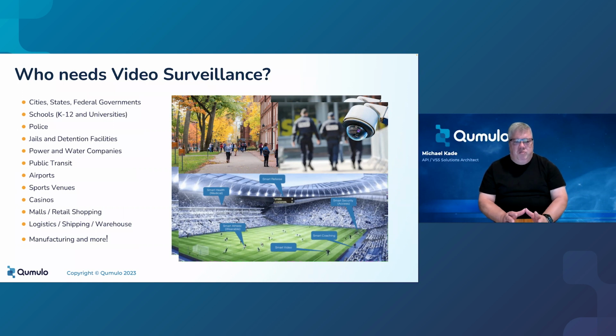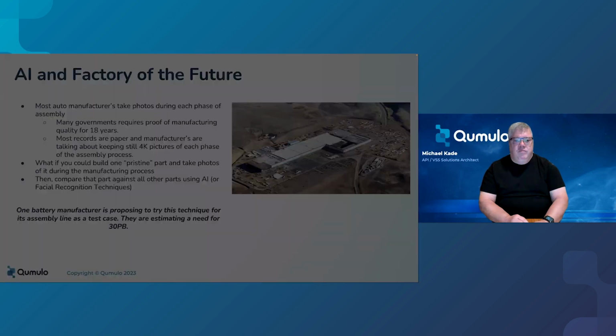We're proud of all of them, of course, but the sports venues, we were selected for the San Francisco 49ers and also the Green Bay Packers to protect their stadiums with video surveillance. We're in airports, we're in public transit, we're in water and power companies for cities, we're in jail and police departments, et cetera. I don't think there's anything on here that Qumulo is not protecting with video surveillance today.